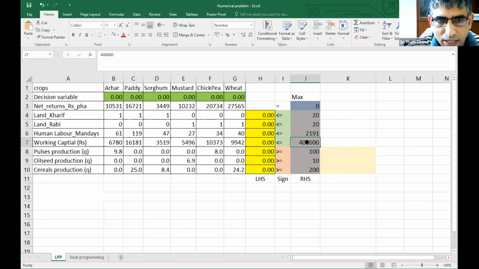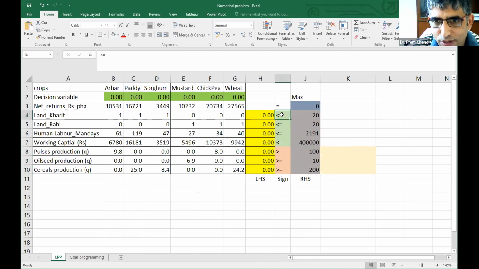So third, I said that the capital availability with the farmer is 4 lakh rupees. Okay, I said that he has to produce 10 ton of pulses, 1 ton of oil seed, and 20 tons of cereals.